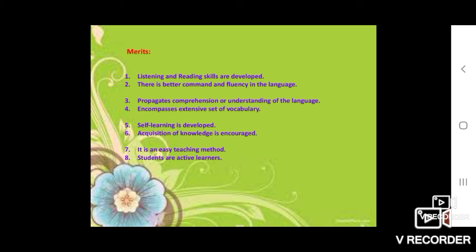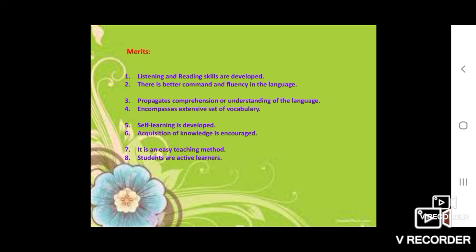All students have to listen carefully, which is active listening. After that, the teacher instructs them to read it, and all students follow him and read it loudly, so that listening and reading skills are definitely developed.